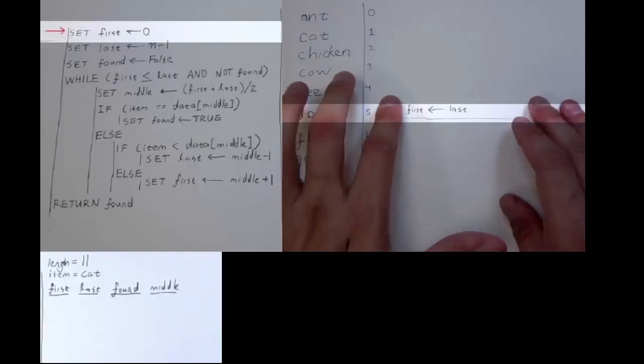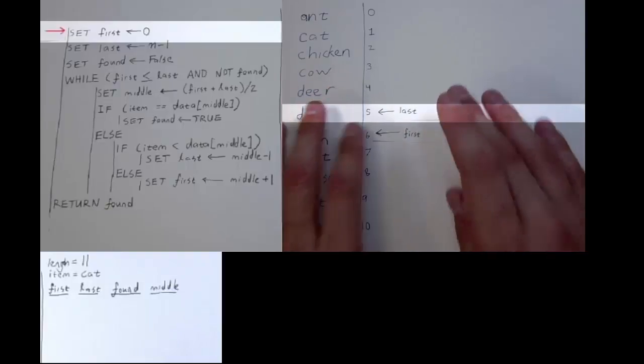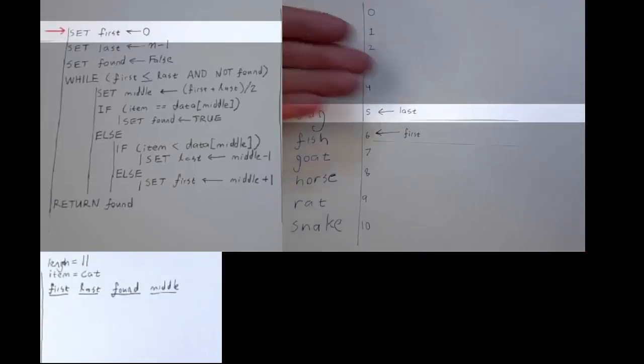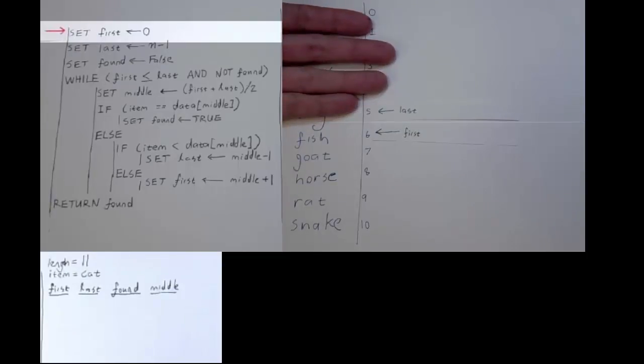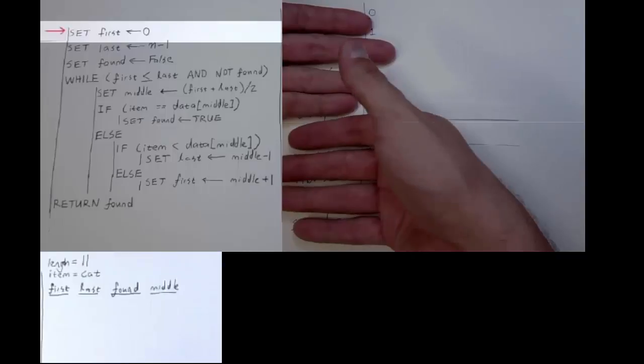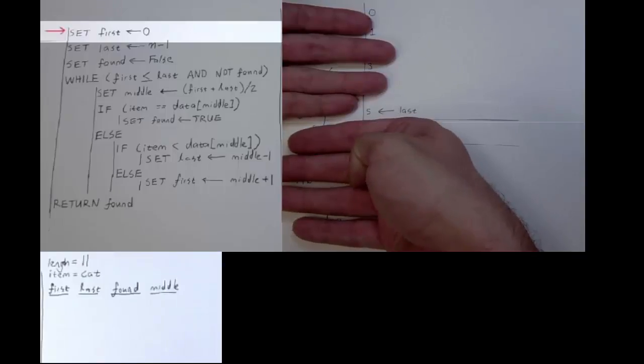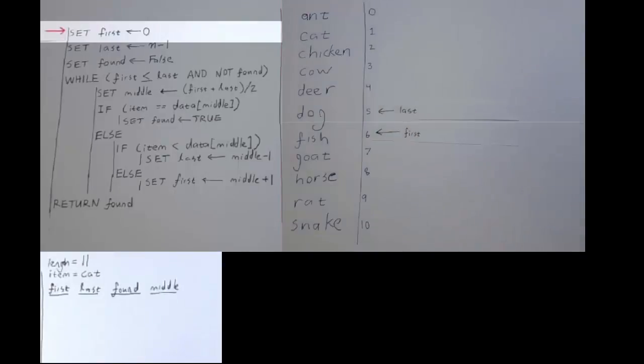If somehow first is greater than last, then that means we would have ruled out everything prior to first and also everything greater than last, which would mean we've ruled out the entire list. So if first is greater than last, then that means the list is empty and whatever we would be searching for can't possibly be in it because we've ruled everything out.